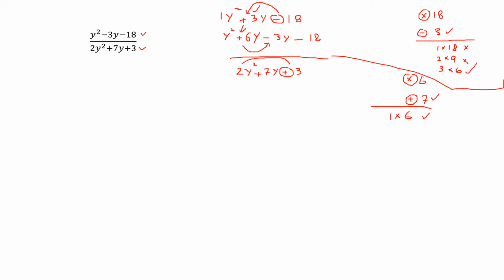Okay, so this will be equal to 2y square. I told you to write the bigger factor first, and I told you last time in the factorization lesson, if this is plus, it directs us to use the plus sign 2 times.